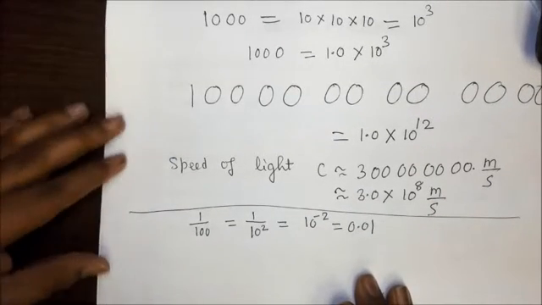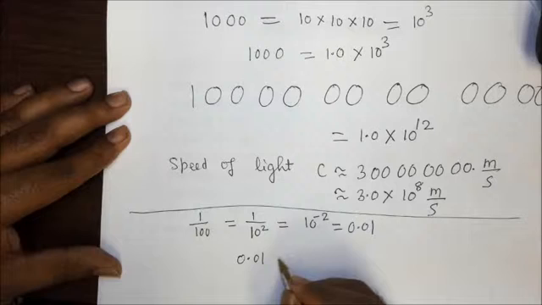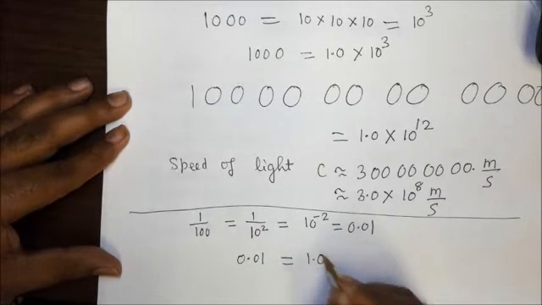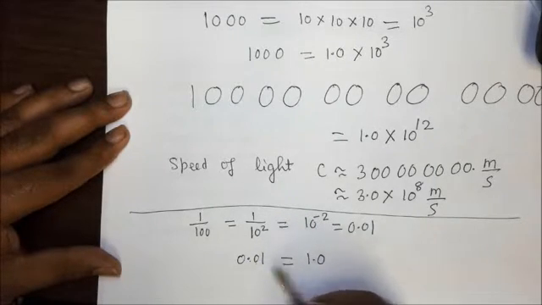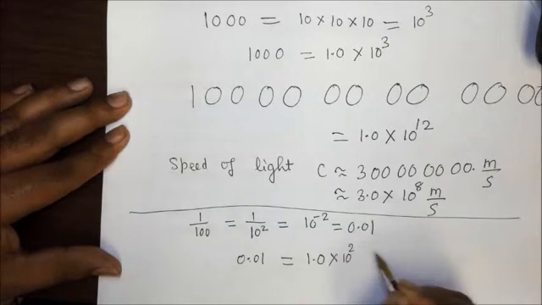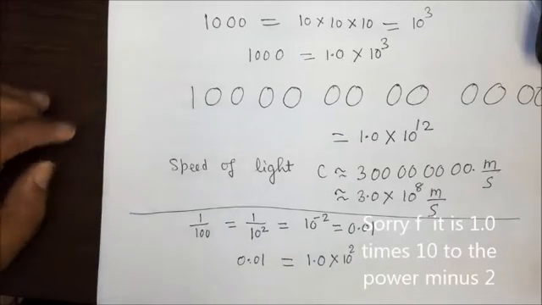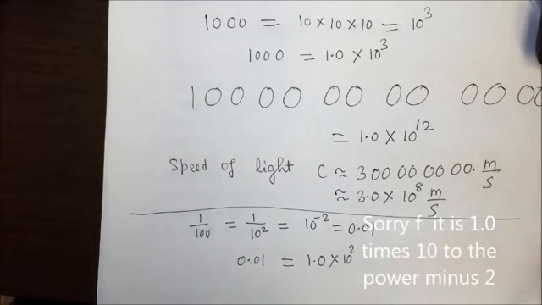So if you see 0.01, that can be written as 1.0 times 10 to the power minus 2, since you are moving the decimal two places.